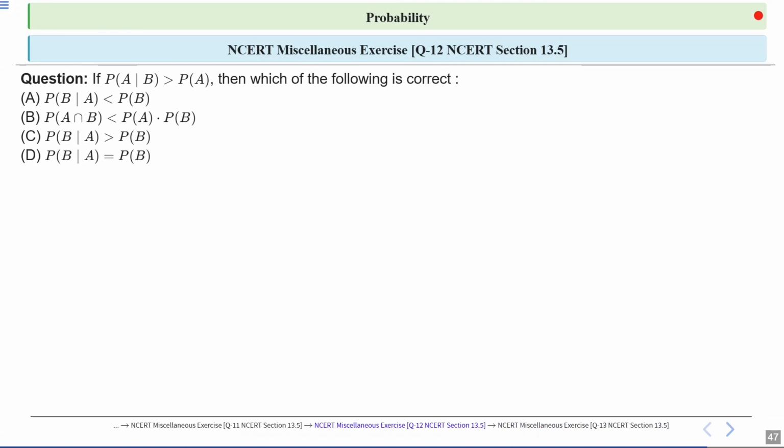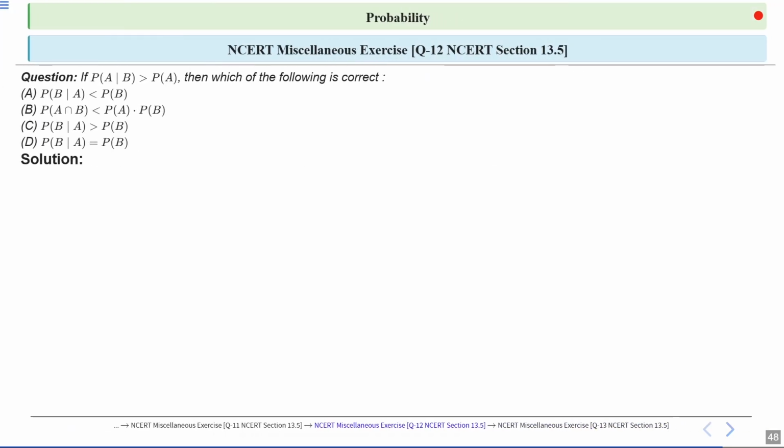Now, let's look at question number 12. In this question, if probability of A given B is greater than probability of A, then which of the following is correct? Here we have 4 options, so you have to choose the correct answer. Let's start the solution step by step.